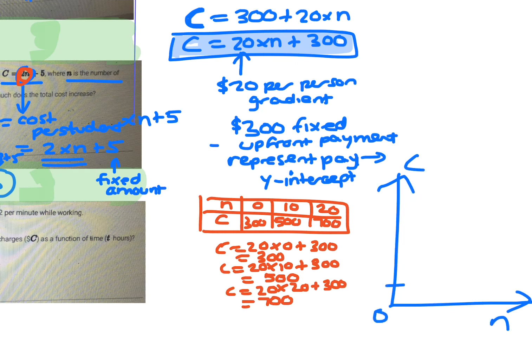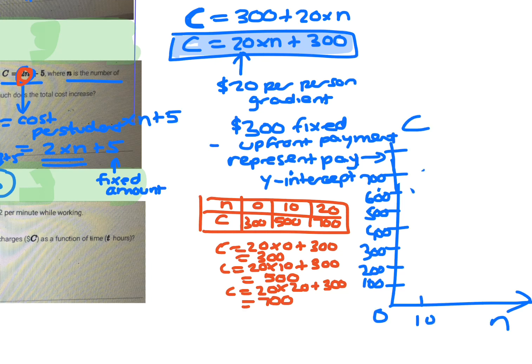So when x equals 0, you got 100, 200, 300, 400, 500, 600, and it will go all the way up to 700, which is C. And then you go 10, 20.